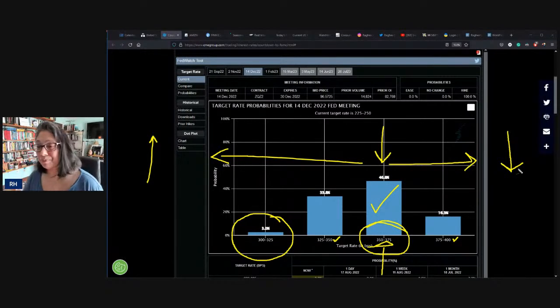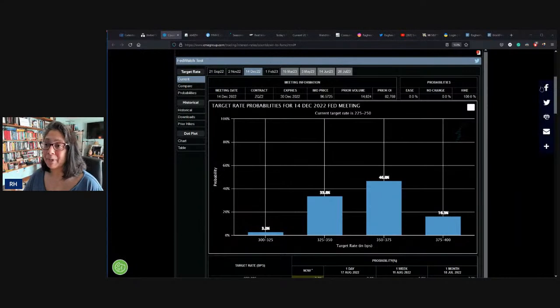So what do we know? We know that to the left of the 350 to 375, it's getting a little bit more crowded. That is good for stocks. That's it. So this is where we sit as we are rounding out August. Yes, we still have that September meeting, and yes, we'll have another rate statement and the press conference.